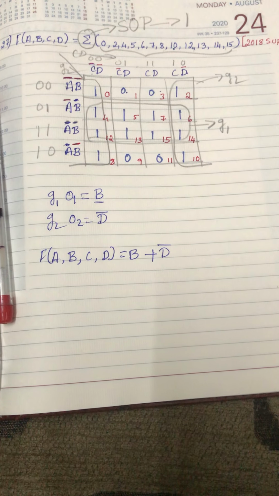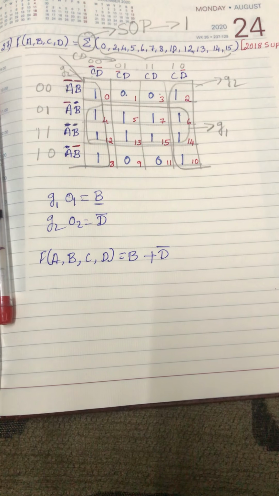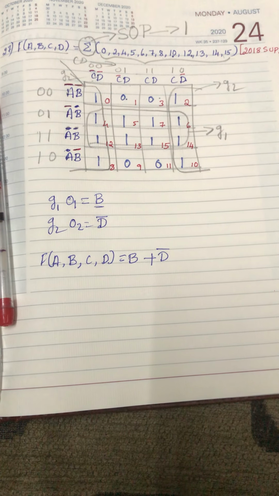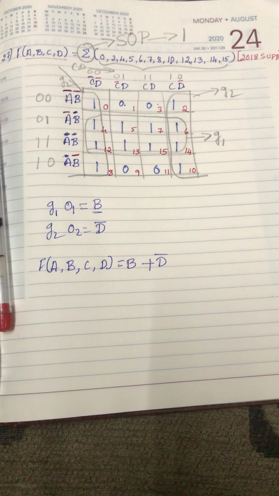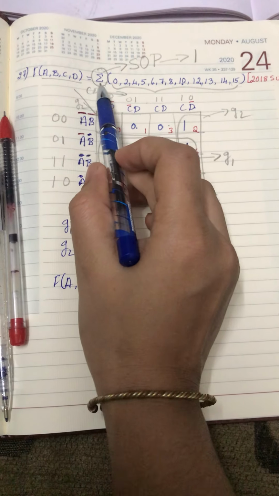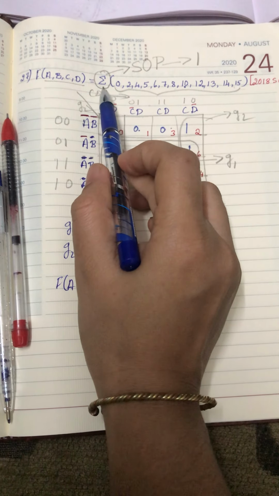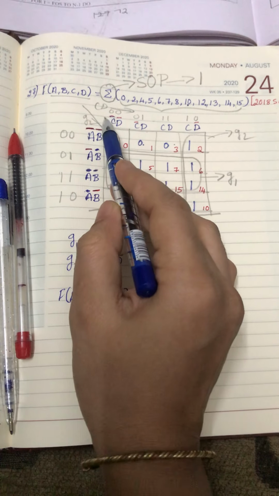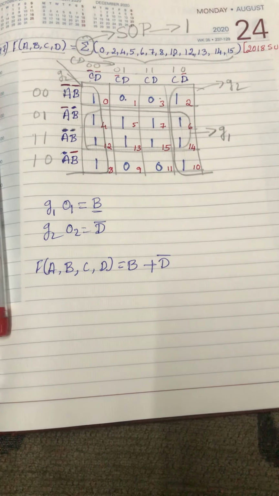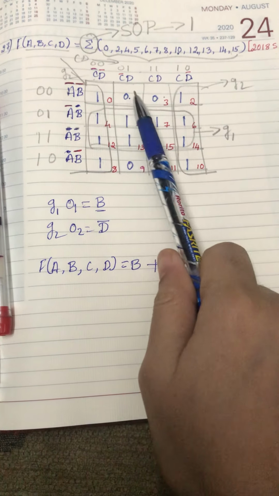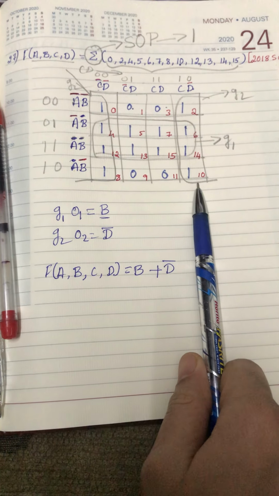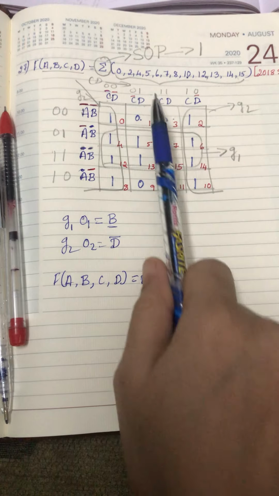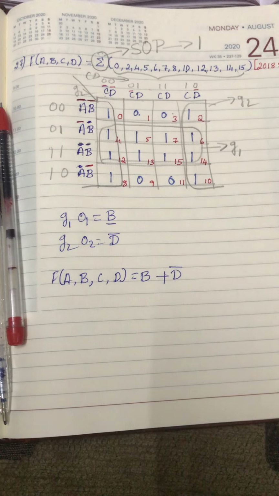So this is how the problem is solved. First you need to know whether it is an SOP or POS. Then you need to know the labeling of rows and columns. Then you should label each and every box. Next is entering the given values.